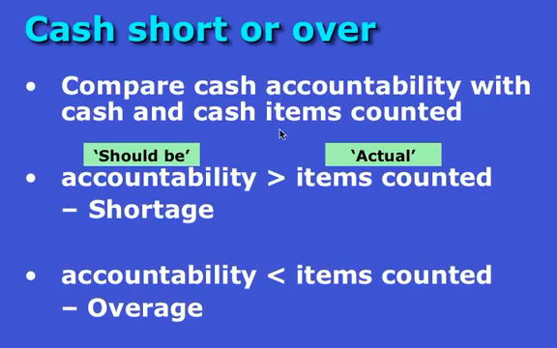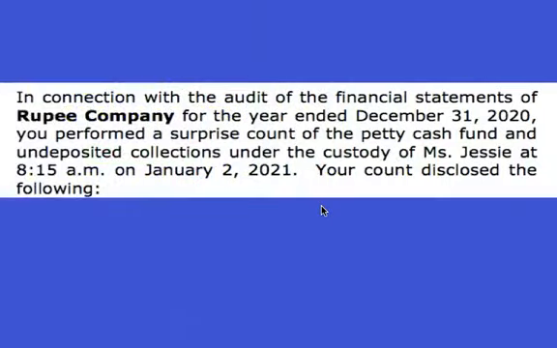So, ito muna ang actual. Mag-cash count muna tayo. Here's the background. In connection with the audit of the FS of Rupee, take note of the name of the client. So the client is Swerte Company. For the year ended December 31, 2020, you perform a surprise count. Cash count ang ginamit na procedure. So ano yung in-inspect?